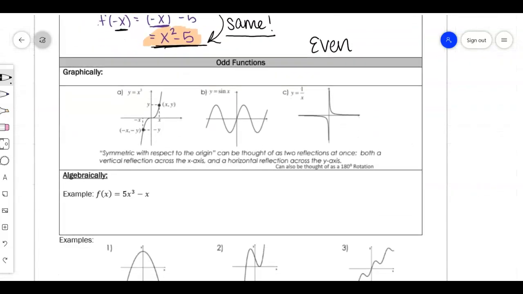Moving forward, now let's look at odd functions. These three are all examples of odd functions. This time graphically, it has symmetry but about the origin.